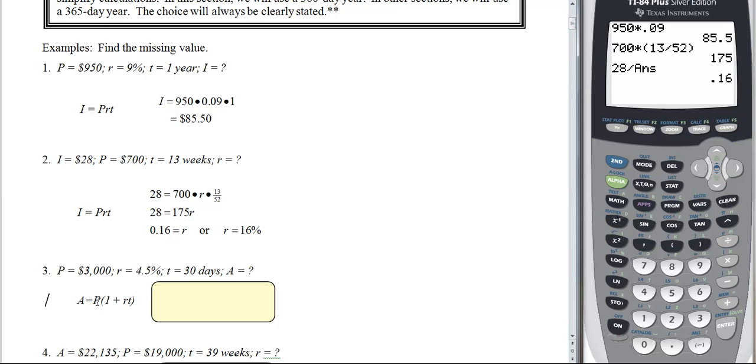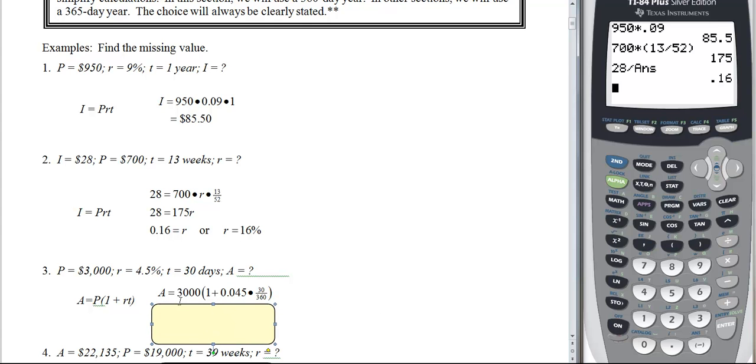The P is 3,000. Interest rate, 0.045. T would be 30 over 360 because it has to be in terms of years. Okay. This whole thing can be put in your calculator.